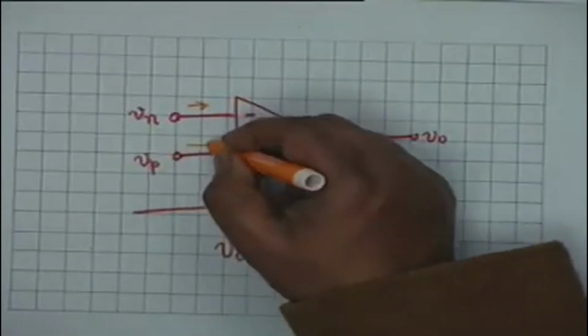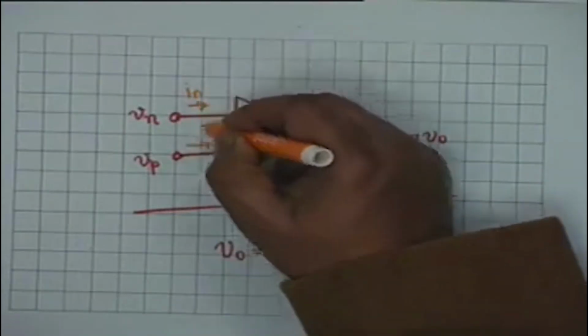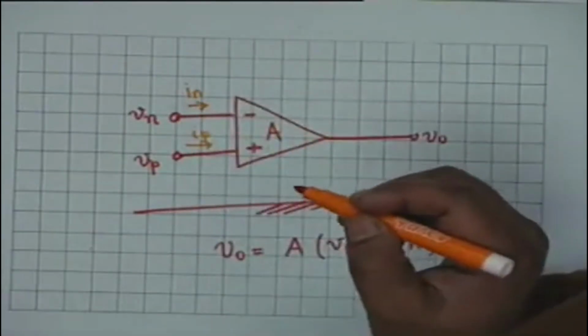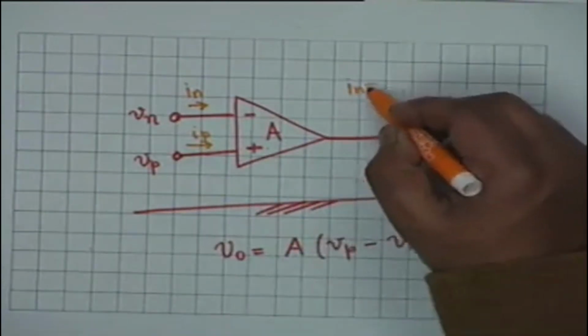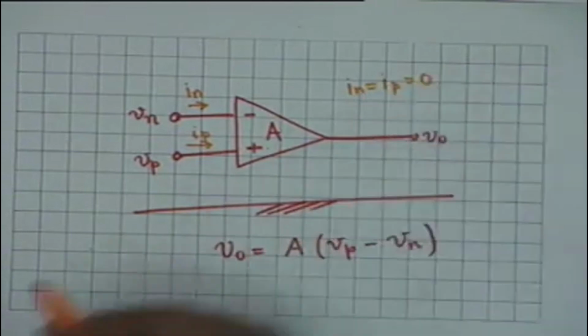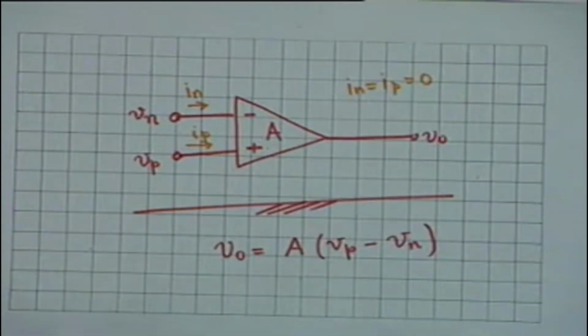Implied in this definition, now let us look at it slightly further. Implied in this definition is that the current taken by the amplifier at both inverting and non-inverting terminals is ideally 0. That is, In is equal to Ip equals 0. What does that mean?